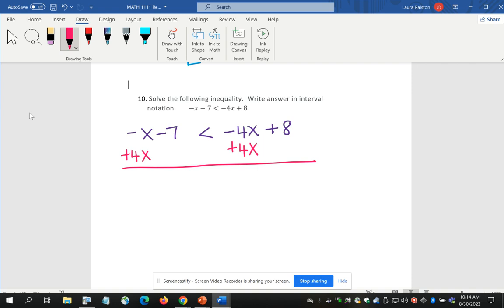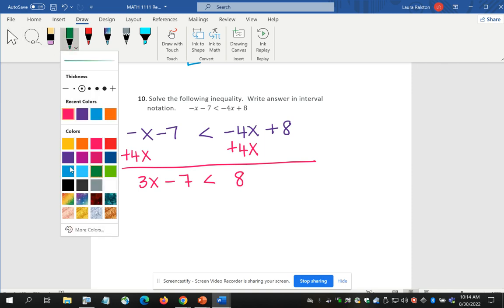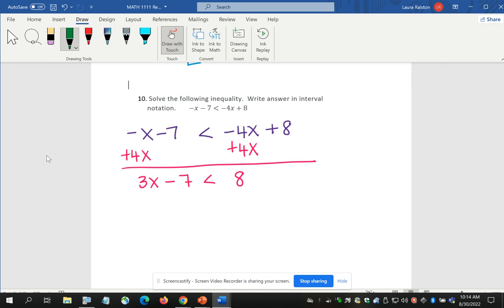Negative 1x plus 4x is 3x, minus 7 is less than negative 4x plus 4x is 0. We have 8. I then need to add 7 to either side to get the numbers together. So I have 3x is less than 15.